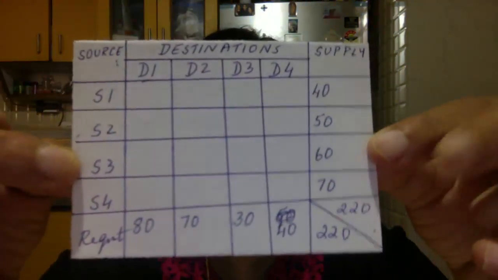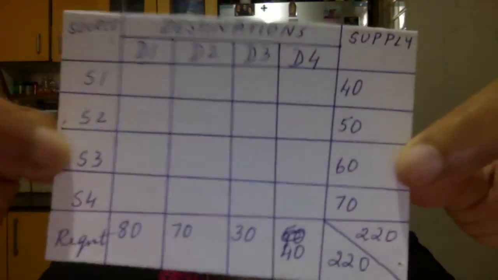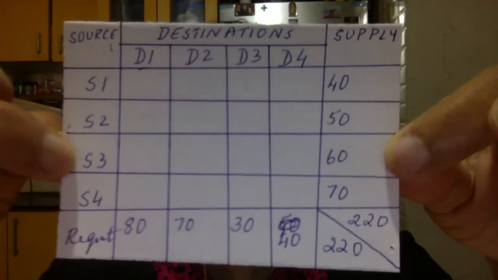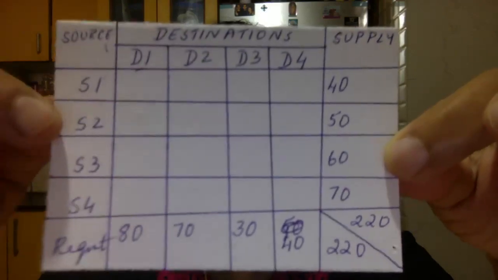Wait, let me count once again. 80 plus 70 is 150 plus 30 plus 50, 230 it becomes, so I'll make it 40, sorry. Eighty, 70, 30, 40. This is our problem.